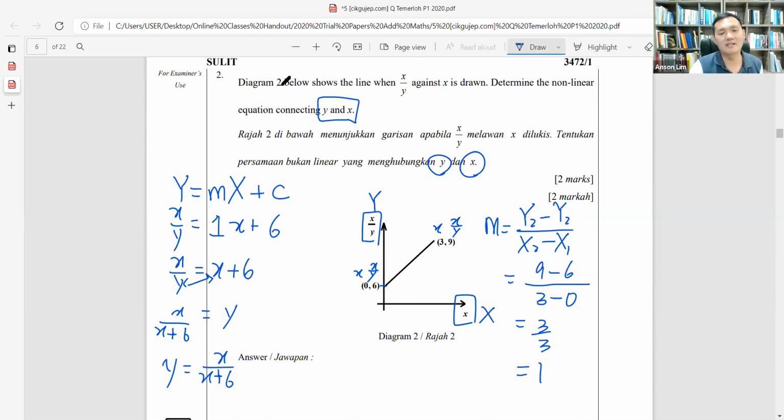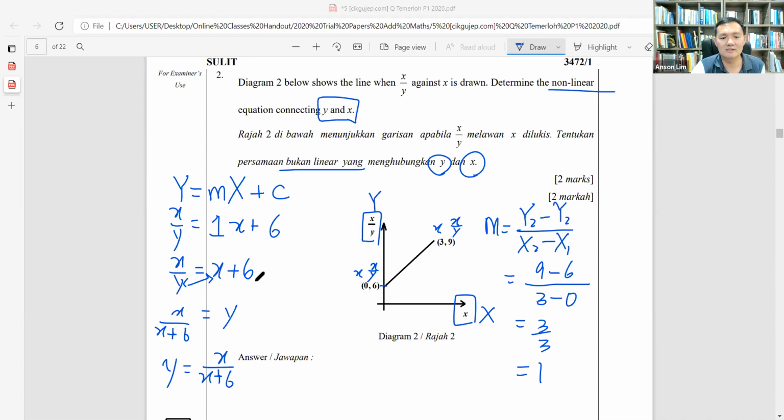So, this is a linear graph, but you have to change to non-linear. Non-linear means like y equals x squared, x cubed, something like those normal graph functions you learned earlier, right? But this is a reciprocal graph, x over (x plus 6). So this is the answer for it, right? The whole thing times x. I just do this only, switch, don't need to times x.